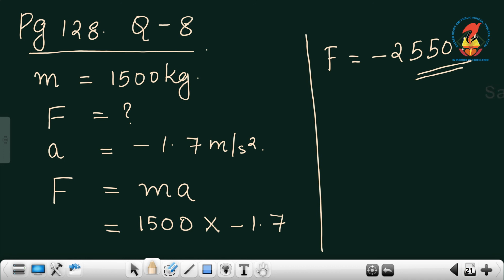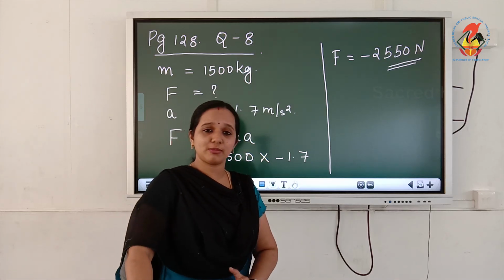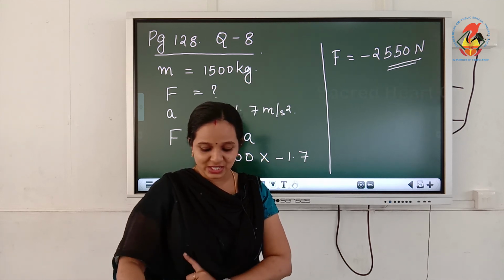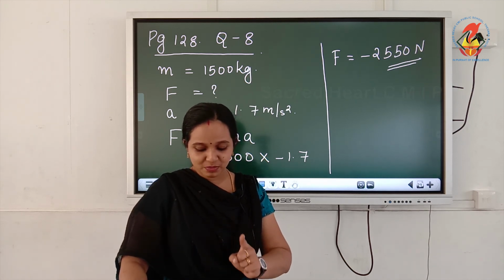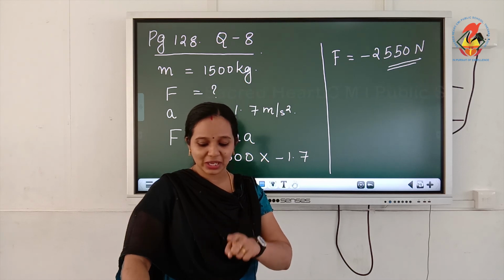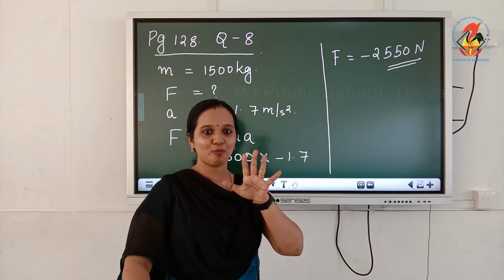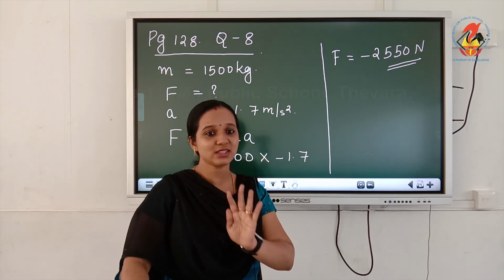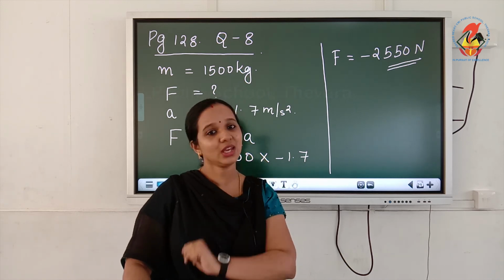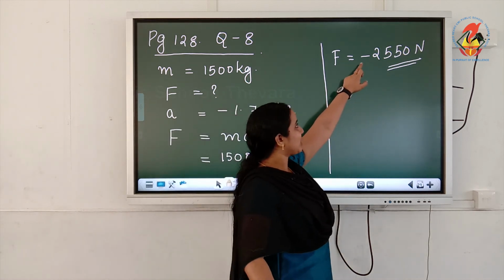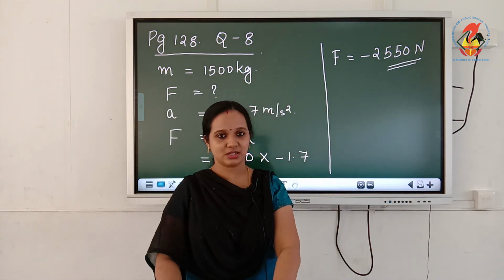Again, we have a negative sign in the answer because initially the automobile was moving, and the force between the vehicle and the road is applied to stop it. So it is opposing the motion of the vehicle. That is why we have a negative sign in the answer.